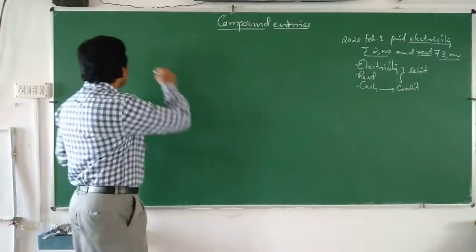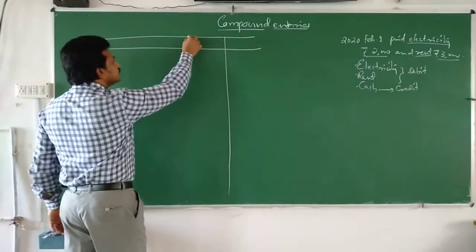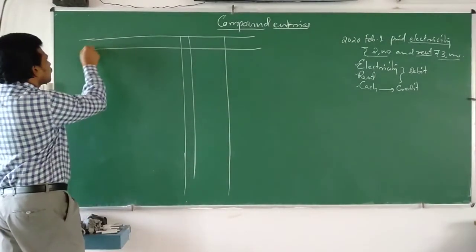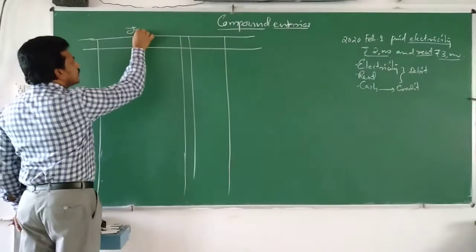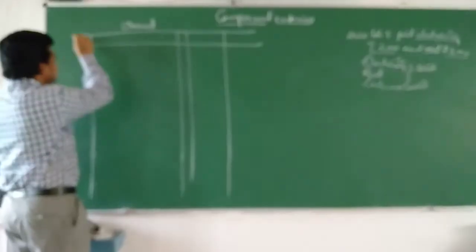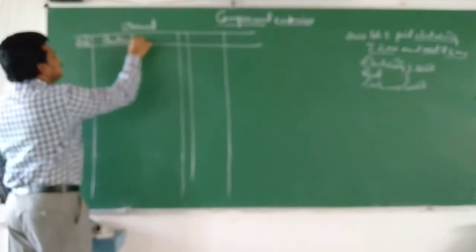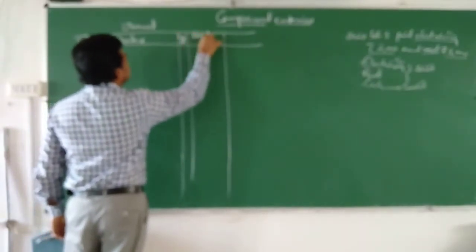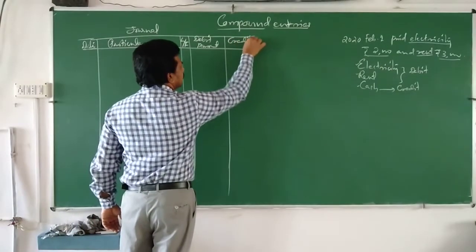Let us see the journal. This is the journal; last class also we prepared it, with date, particulars, LF, debit amount and credit amount.